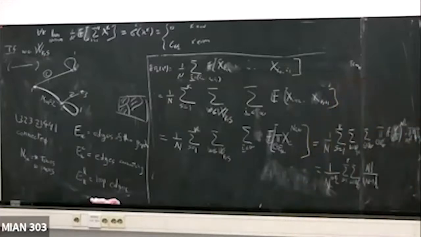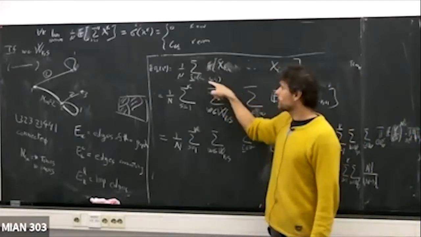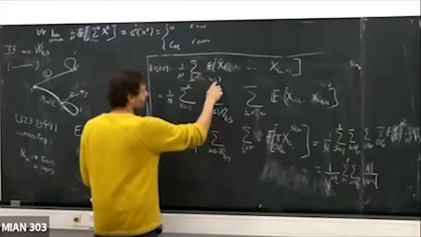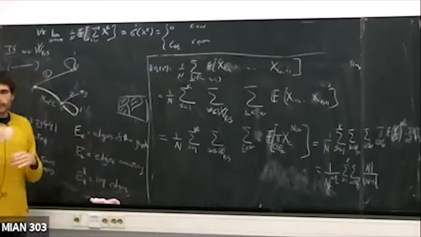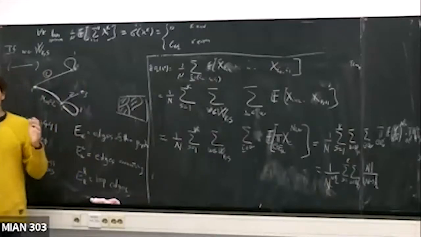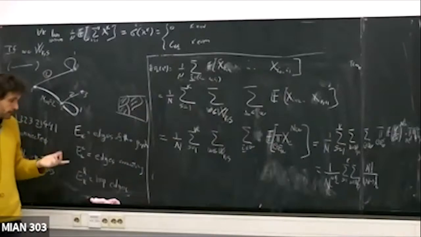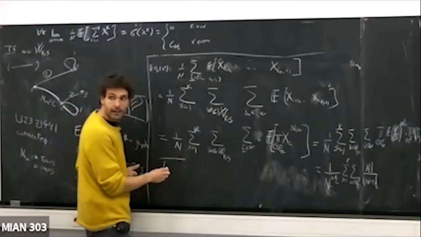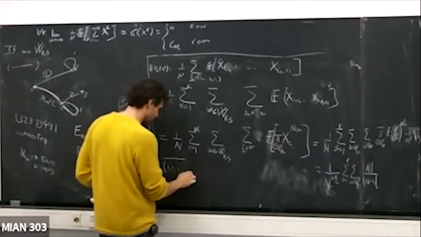The number of words where I can, because in this sum each i went from 1 to n, okay? And I say that two words are equivalent if I can just relabel them. The length is k, but the length is not important. Here I have n symbols, 1 up to n, and my words use s of them. For example, I have the word 1, 2, 3, 3, 3, 2, 1.